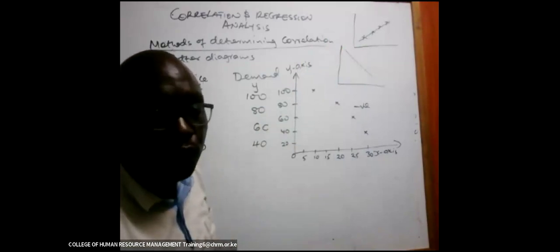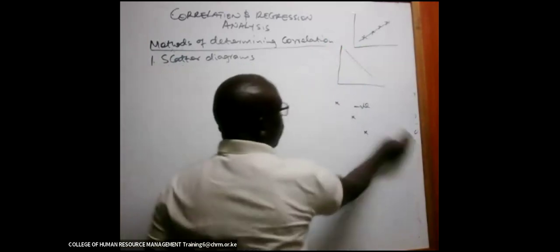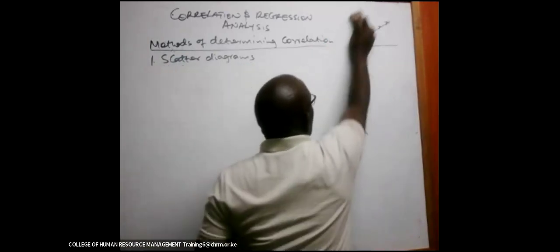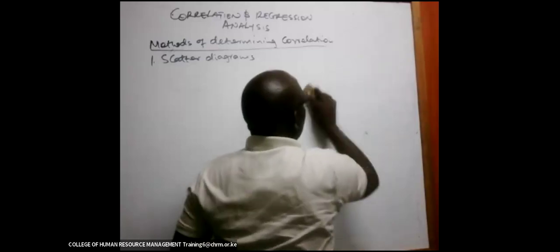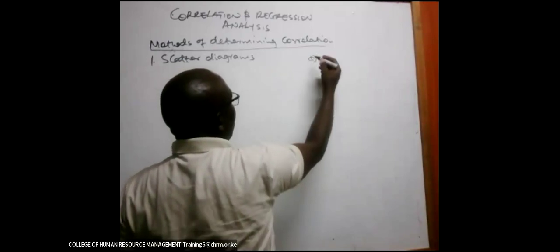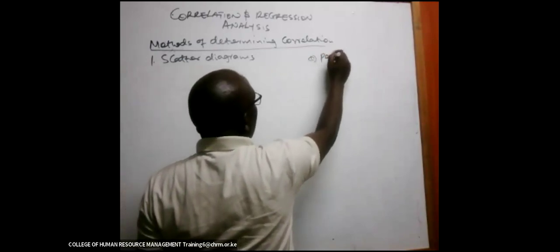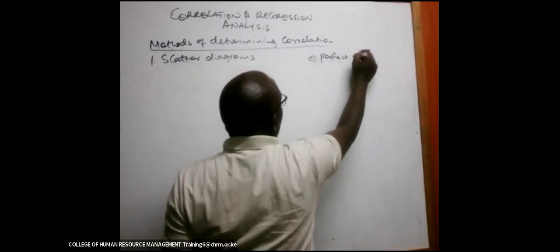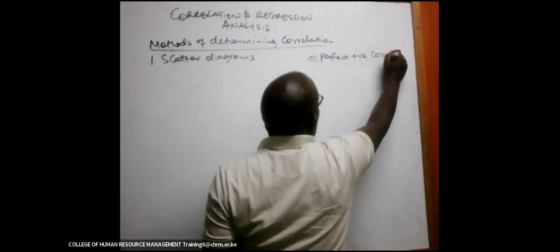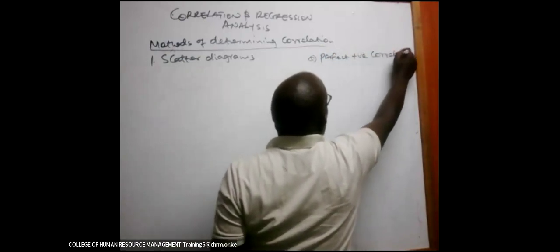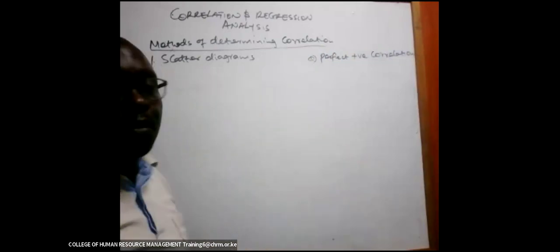So I want you to draw the scatter diagrams to illustrate different levels of correlation. So we shall start with the perfect positive. Perfect positive correlation.